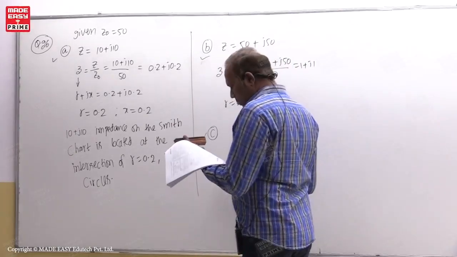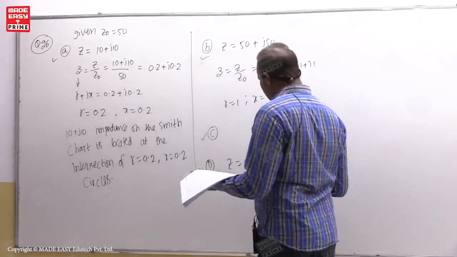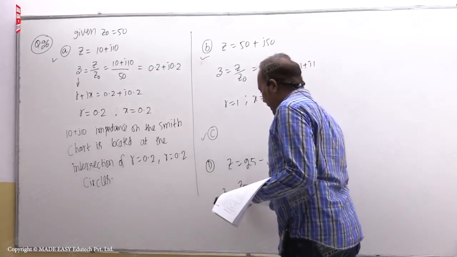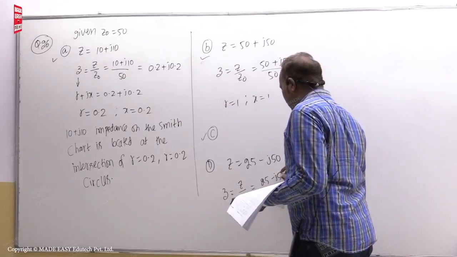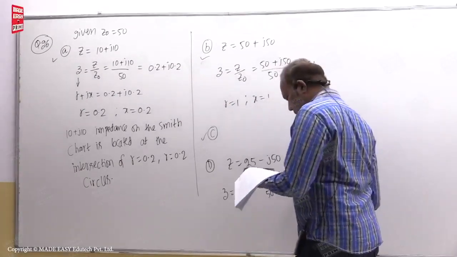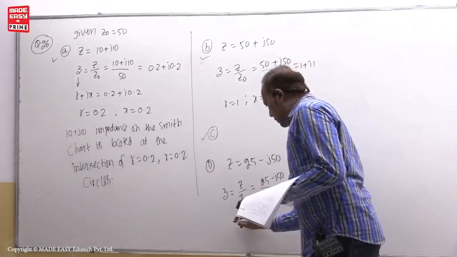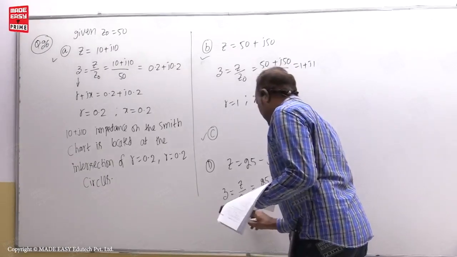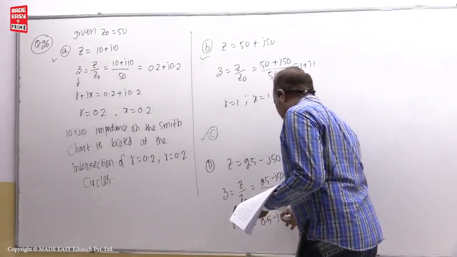In D option, impedance is given as 25 minus j50. So normalized impedance is equal to capital Z by Z0, 25 minus j50 divided by Z0, which is 50. So that is equal to 0.5 minus j1. So r plus or minus jx is equal to 0.5 minus j1.